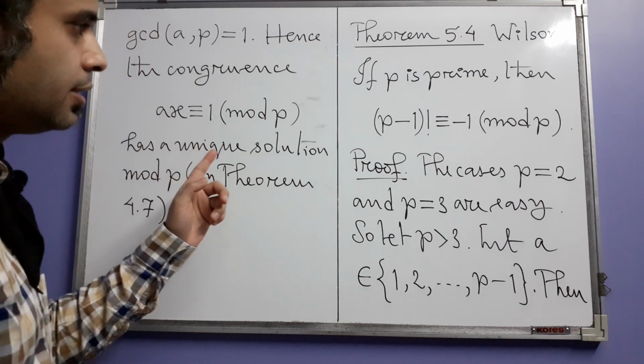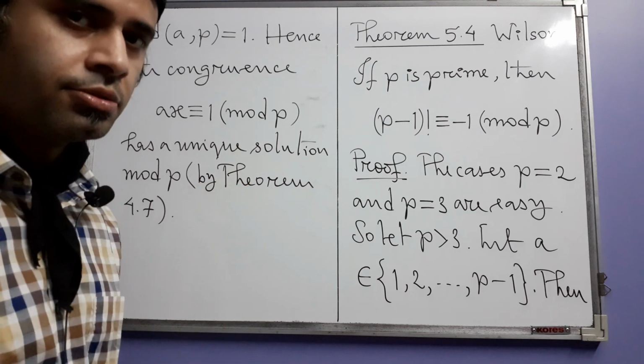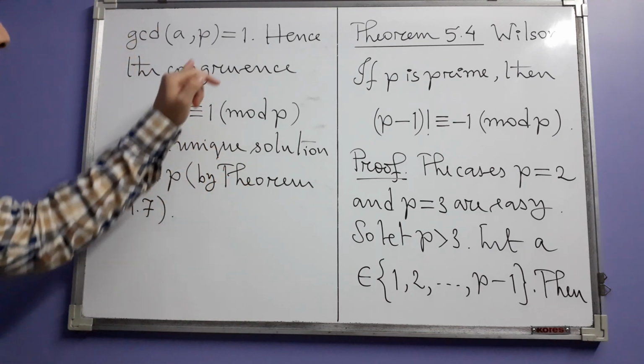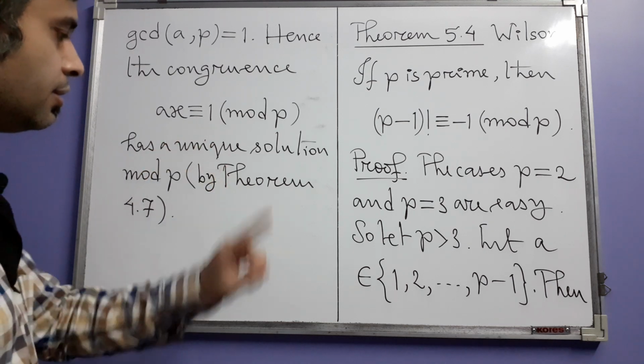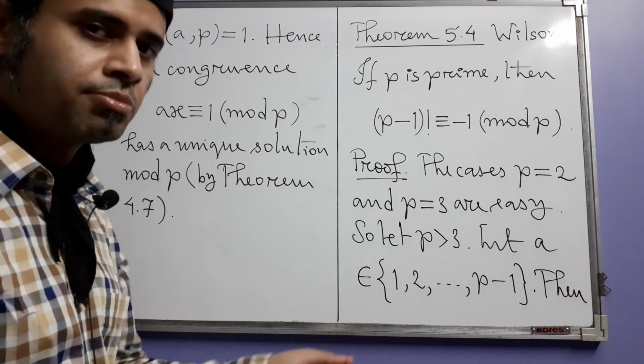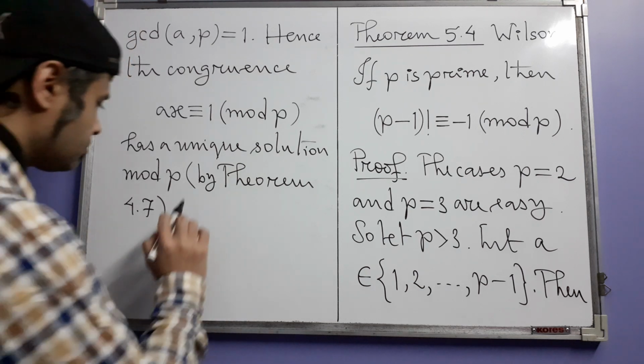And if that GCD is say D, then there are D incongruent solutions. In this case, that GCD is 1. So there is a solution, and only one incongruent solution, meaning modulo P there is only one solution, a unique solution.